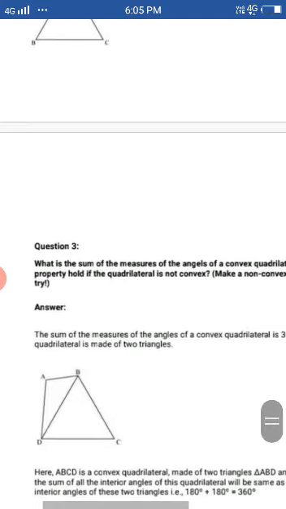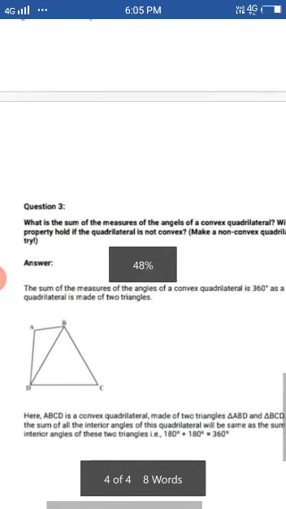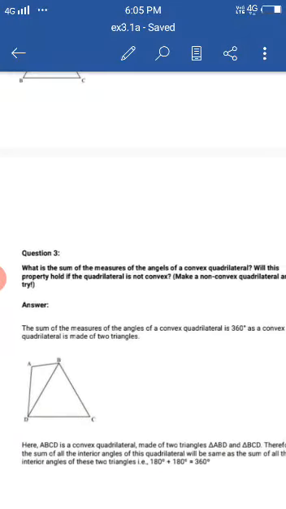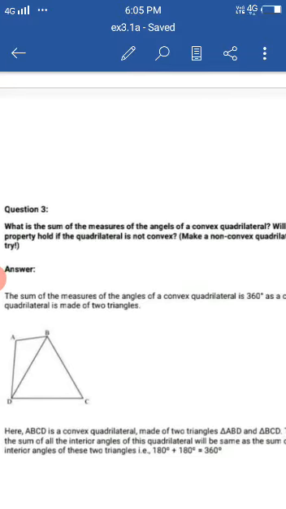Now come to the third question. The third question is, what is the sum of the measurements of the angles of a convex quadrilateral? You can see this convex quadrilateral ABCD. You have to tell the sum of the angles of this convex quadrilateral. As we can divide it into two triangles, you can see ABD is a triangle and the other one is BDC.